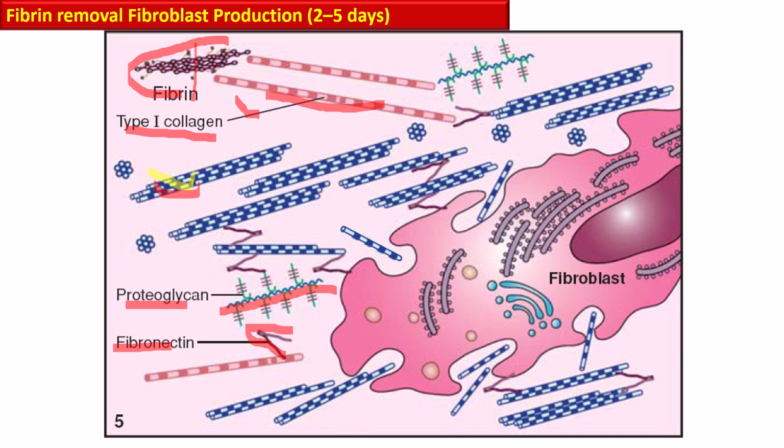So to summarize, we can say that the early matrix is composed of a loose fibrin and fibronectin network. The mid-stage matrix is composed of type 3 collagen predominantly, and later type 1 collagen predominates and strengthens the scar.